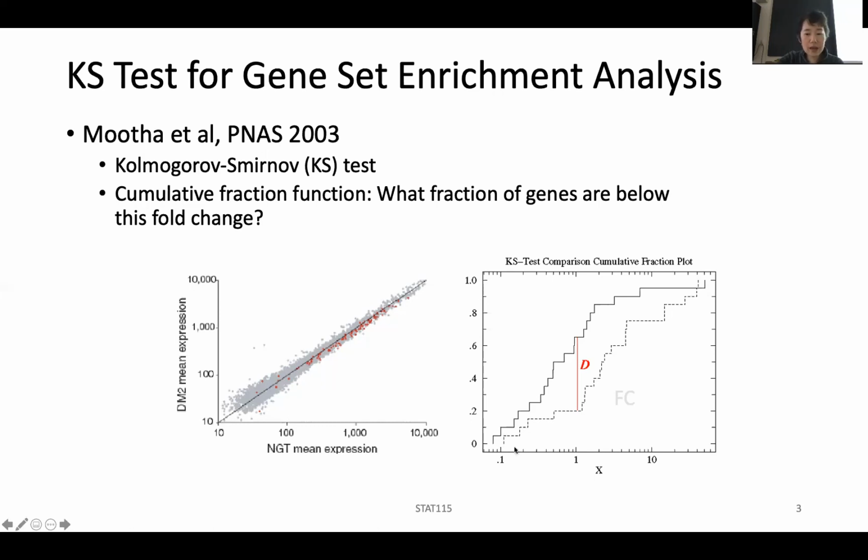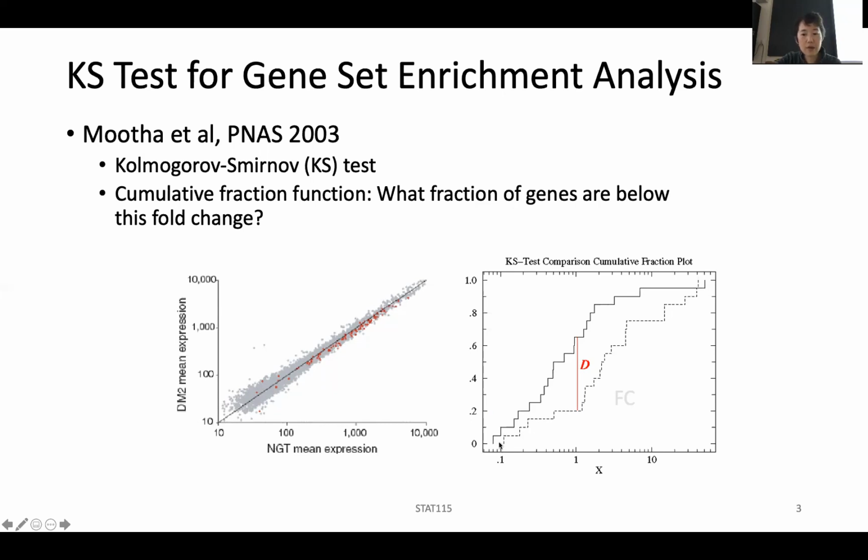In this case, I think this dotted line is the genome-wide distribution, which is a cumulative fraction function: what fraction of genes have a fold change below this level.